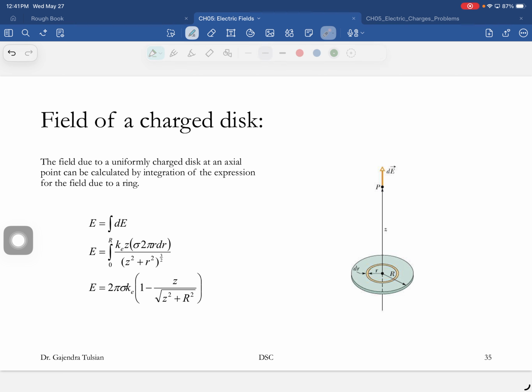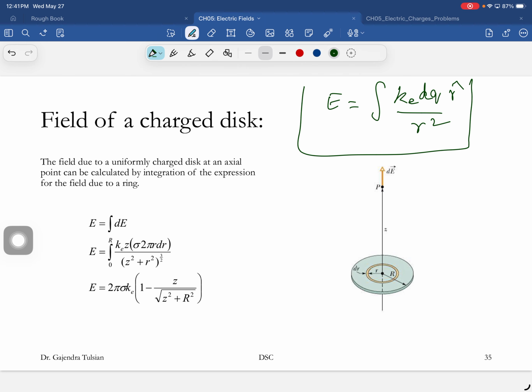So somebody did that integral for you. Again, it's about doing that integral where you've broken up these charges. This is the charge dq.